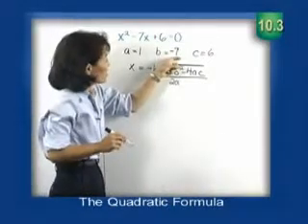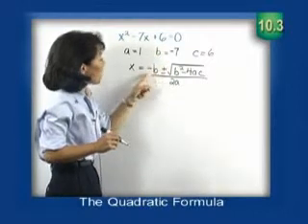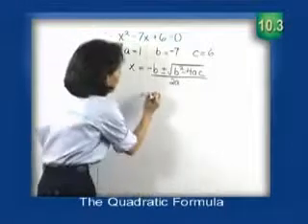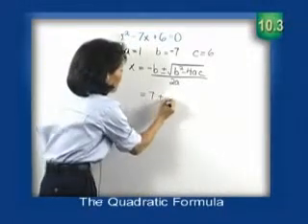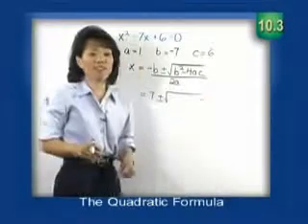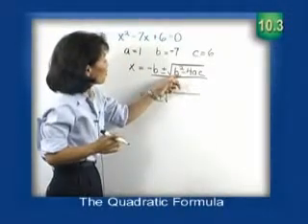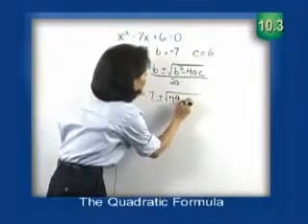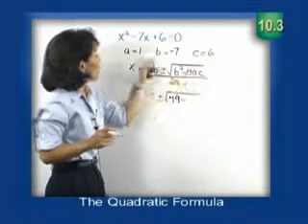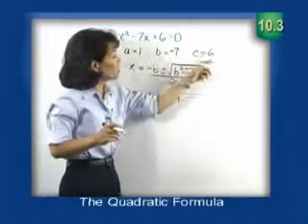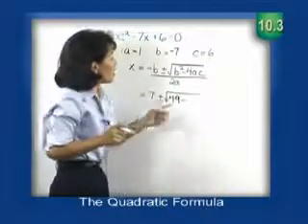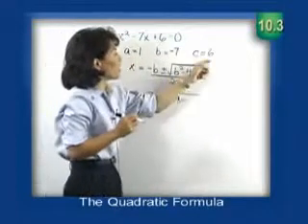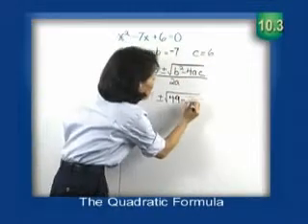So if we substitute in -7 for -b, that gives us +7, plus or minus the square root of b squared. b, remember, is -7. -7 squared is 49, minus 4 times a, which is 1, times c, which is 6. So 4 times 1 is 4, times 6 is 24.